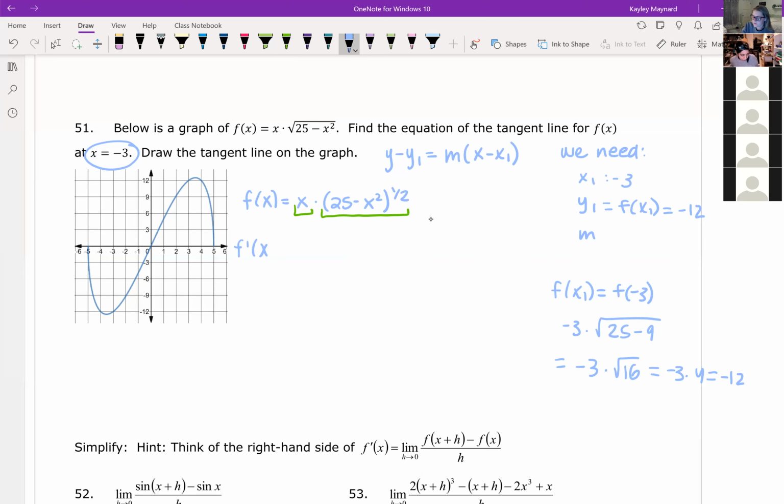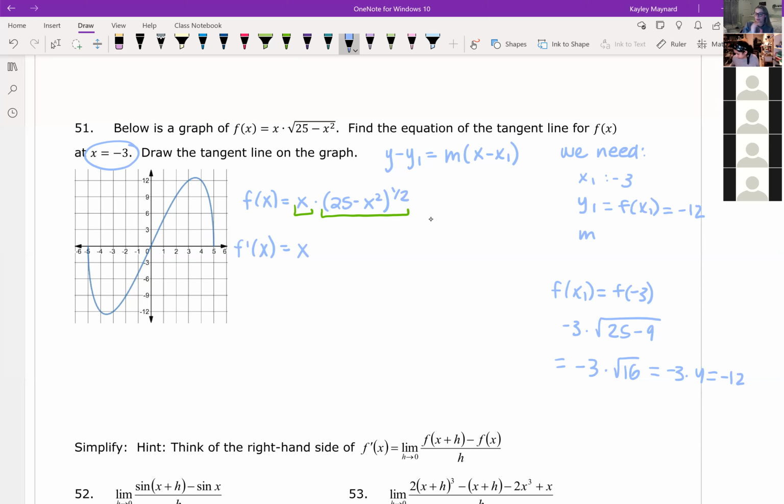So f prime of x. Our product rule says let's just leave the first function alone, so we'll just bring down x. And then we have to multiply it by the derivative of our second function. Okay, so chain rule here. Let's take the derivative of the outer piece.